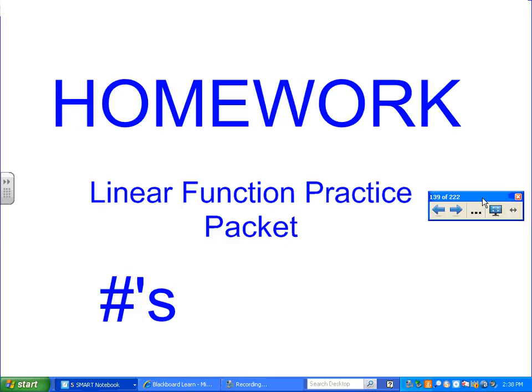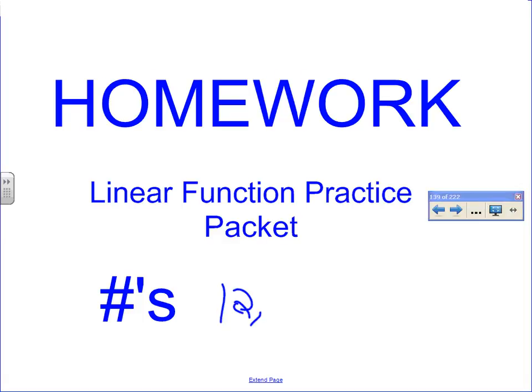You have 6 minutes right now. 12 and 13 are going from standard form to slope-intercept form, and then all the fun stuff: what is x, what is y, what is the slope, what is the y-intercept. 16 and 17 are what Miss Wingrove and I went over in the notes today. Given an equation, given a graph, write an equation. I want you to get started.